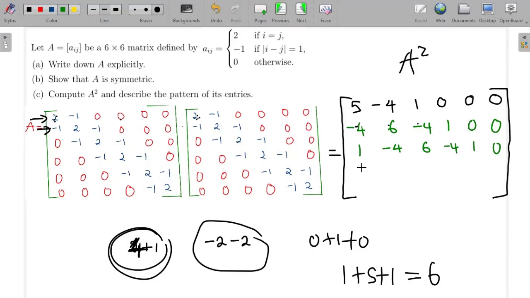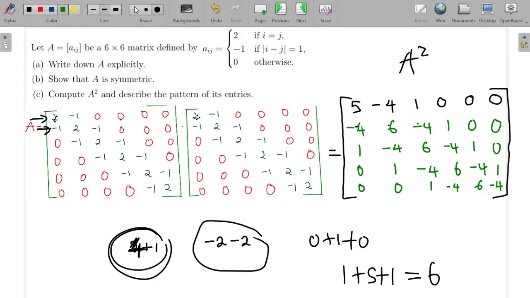The fourth row had a 0, 1, minus 4, 6, minus 4, and then 1. The fifth row had a 0, 0, 1, minus 4, 6, and then minus 4.